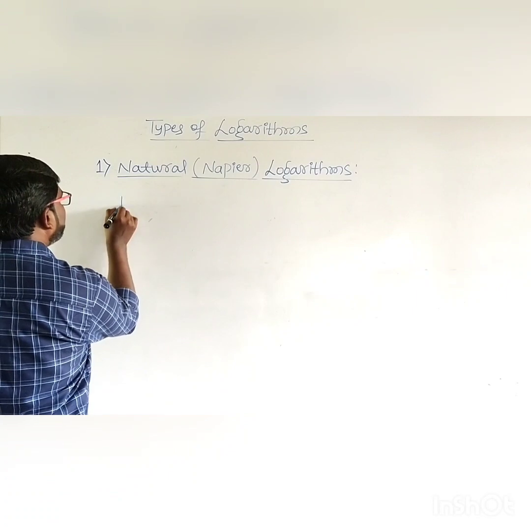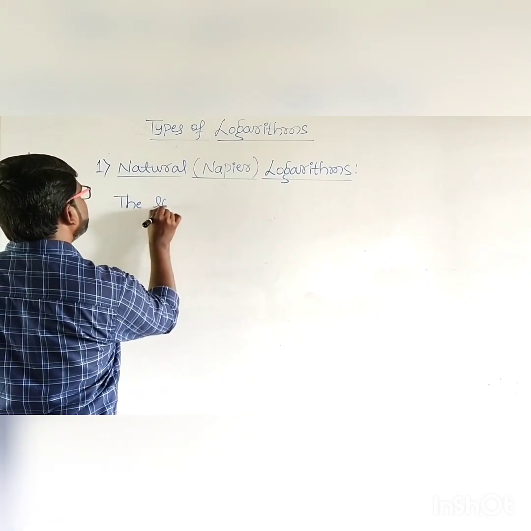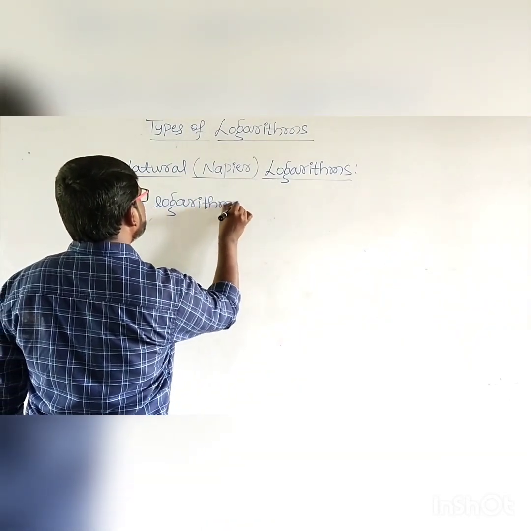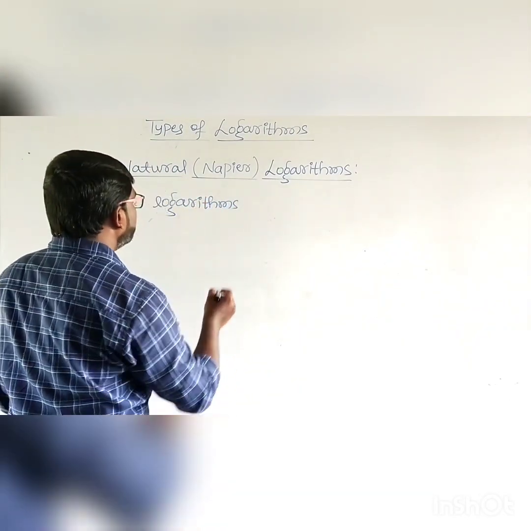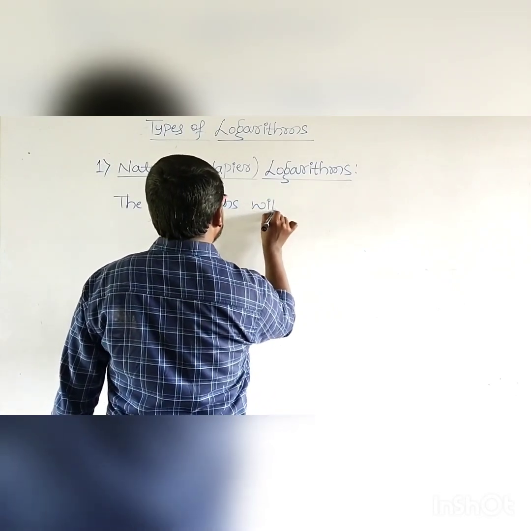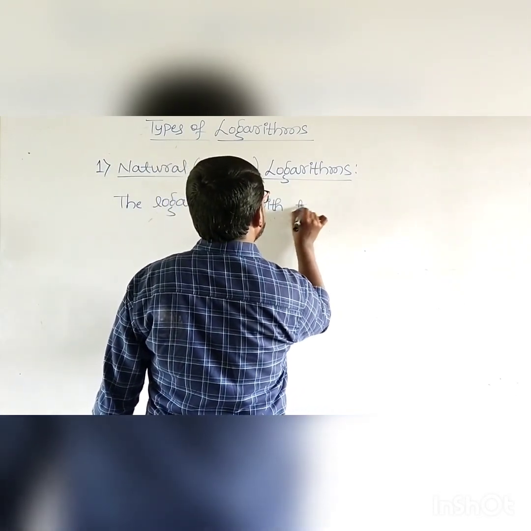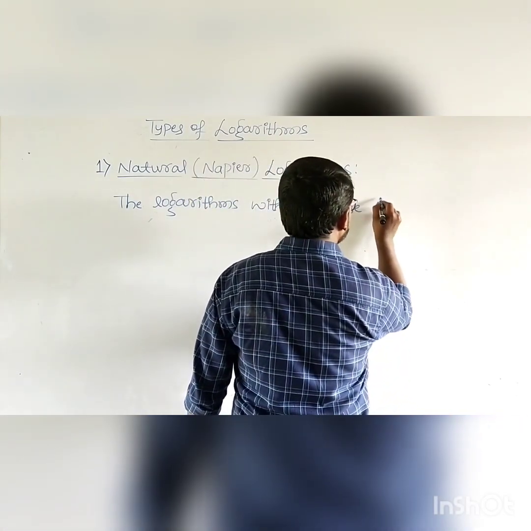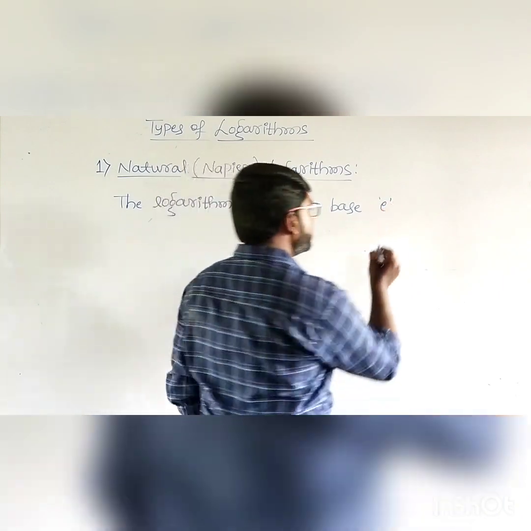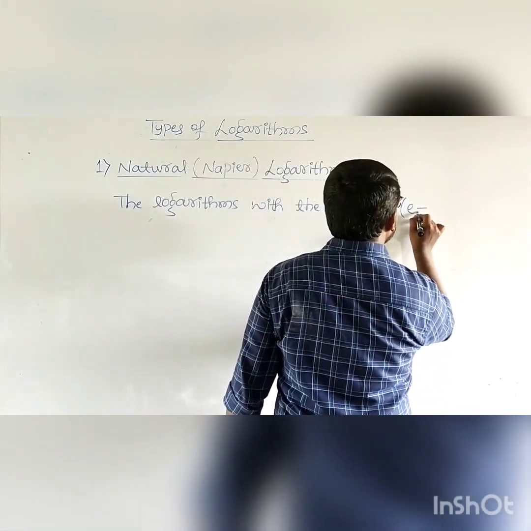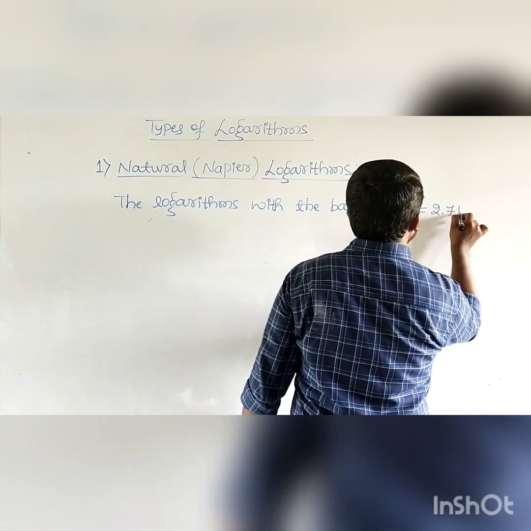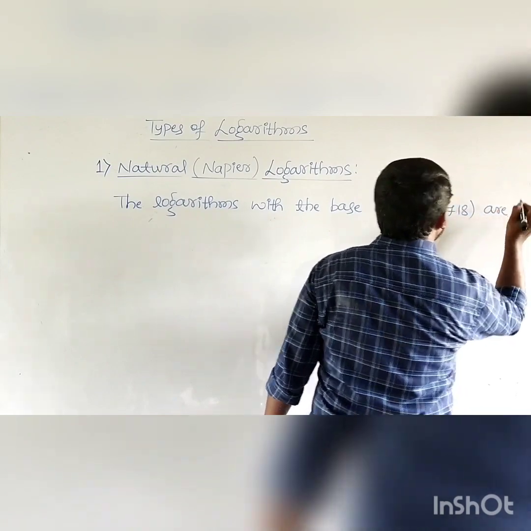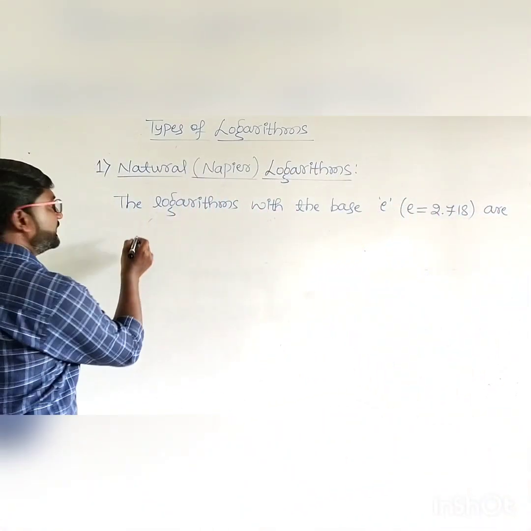See here, the logarithms with the base e, where the value of e is 2.718, are called natural logarithms.